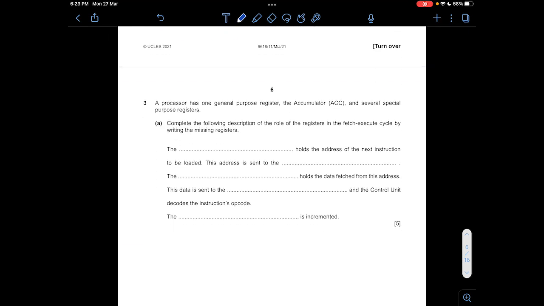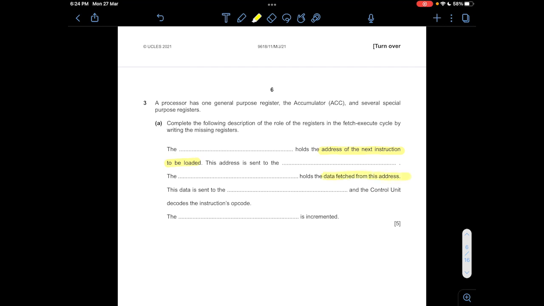All right. So now we look at question 3. So this one is about the processor. Something holds the address of the next instruction to be loaded. The address is sent to the what, and then the something holds the data fetched from this address.